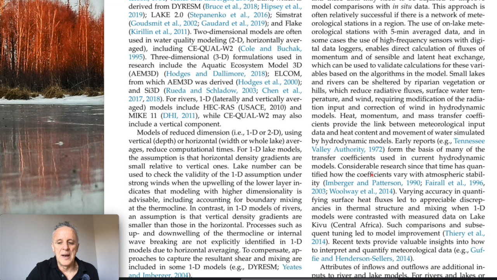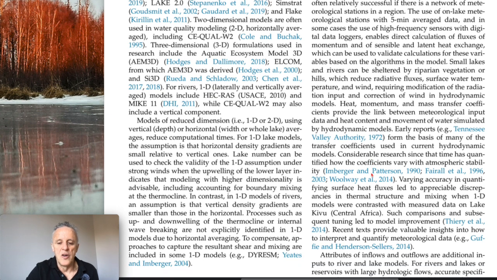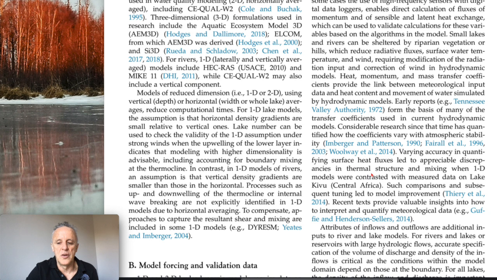Heat, momentum, and mass transfer coefficients provide the link between meteorological input data and heat content and movement of water simulated by hydrodynamic models. Early reports form the basis of many of the transfer coefficients used in current hydrodynamic models. Considerable research since that time has quantified how the coefficients vary with atmospheric stability.